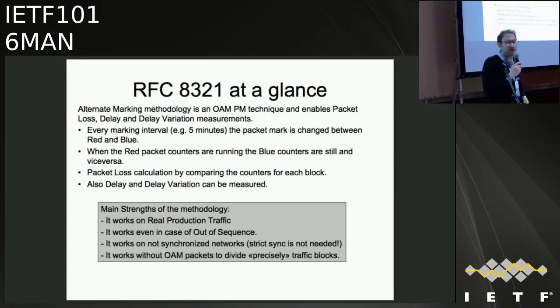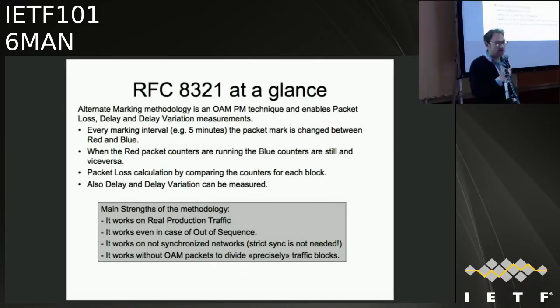When the red packet counters are running, the blue counters are still, and vice versa. In this way, we can take the packet counters for each batch, and by comparing the counters of the same batch between several endpoints, we can calculate in a very simple way the packet loss. Also, delay and delay variation can be measured with this method.